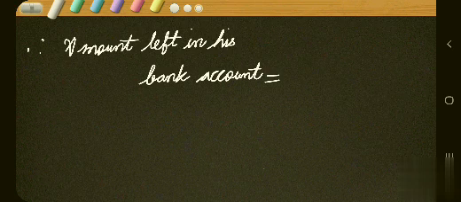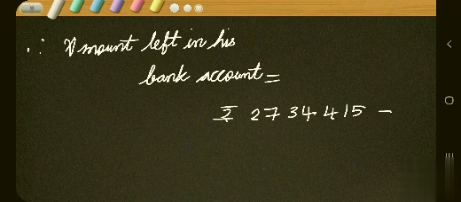So, which is the deposited amount? Rupees 27 lakh 34,415 minus, and amount withdrawn is what? Rupees 15 lakh 57,890.